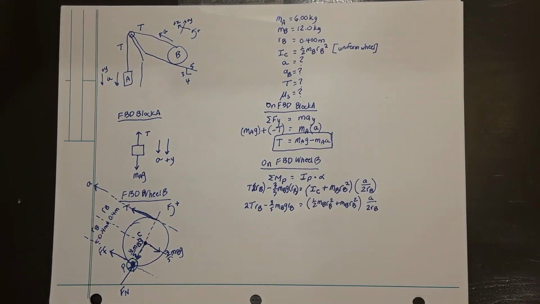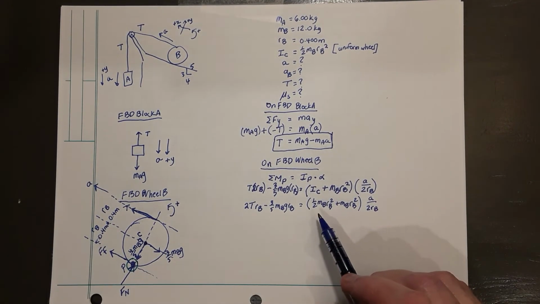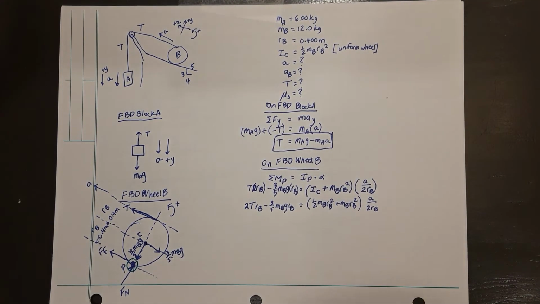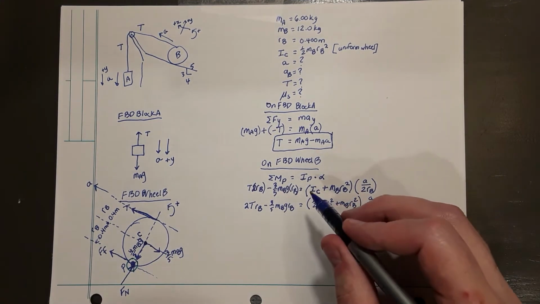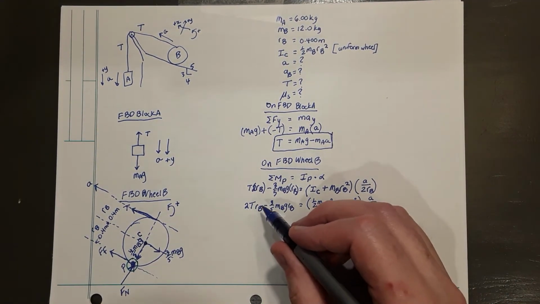So that's actually exactly 3 times 1/2 MBRB squared. The object, a uniform wheel rolled upon its edge, is exactly 3 times as difficult to rotate around its edge than it is around its center of mass. And so I'm going to eventually solve this equation for tension.